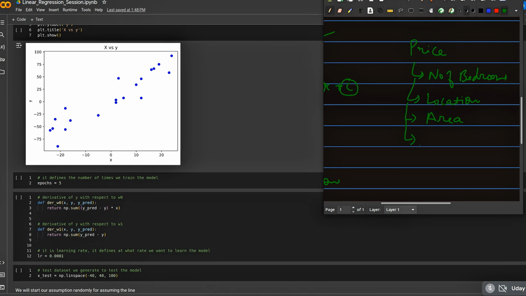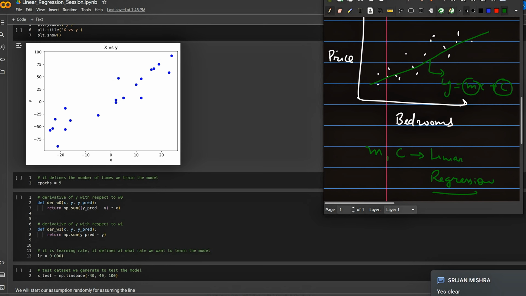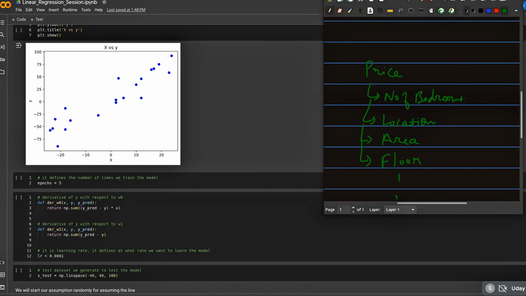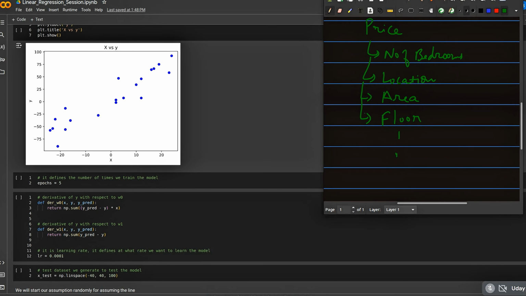If it is a society, then what floor we have. There are many such features. If we consider only one feature to model this, it is called linear regression. If we consider many such features, it is called multiple linear regression.